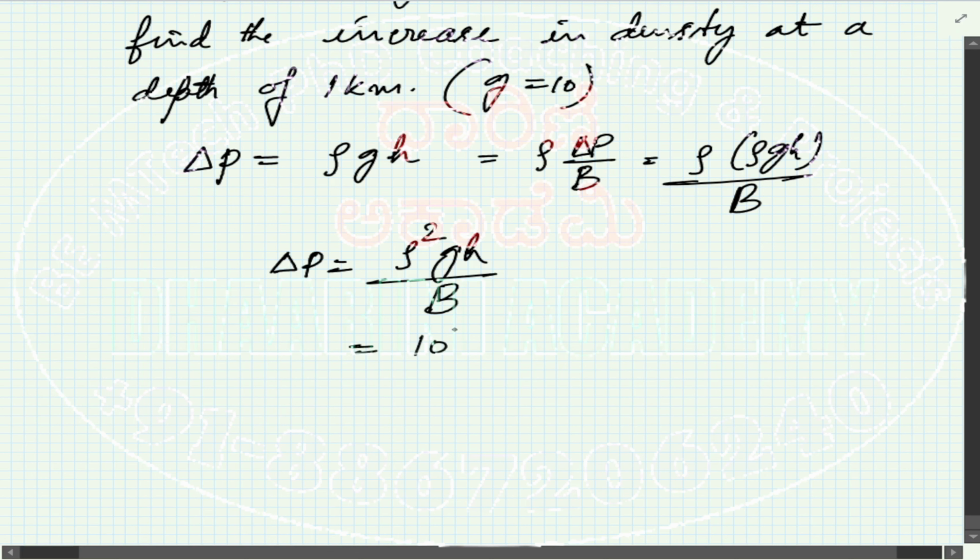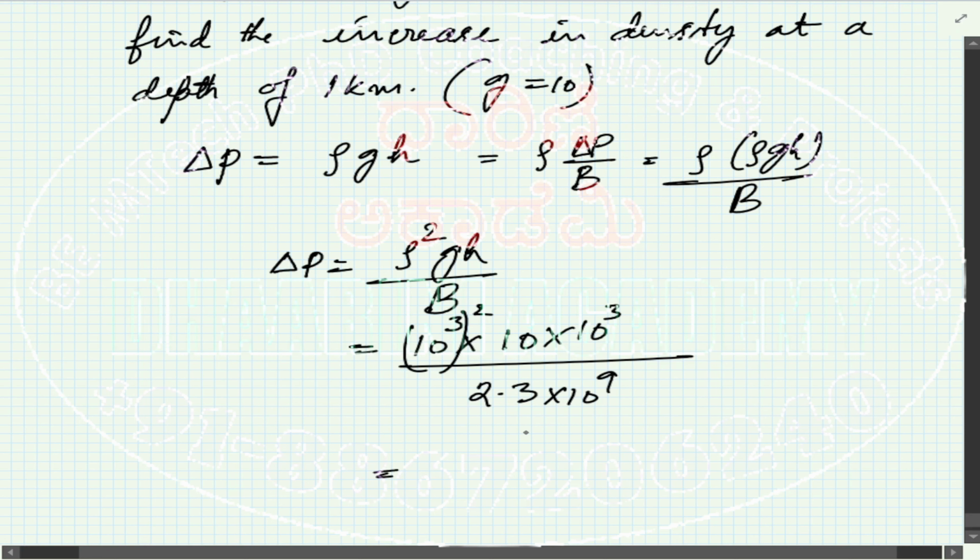Rho is given as 10 cube, g is 10, h is 10 to the 3. Sorry, there is a rho square, so this has to be squared, my mistake. So 10 to the 3 squared into 10 into 10 cube, whole divided by B, which is 2.3 into 10 to the 9. So delta P, the change, becomes 4.33.